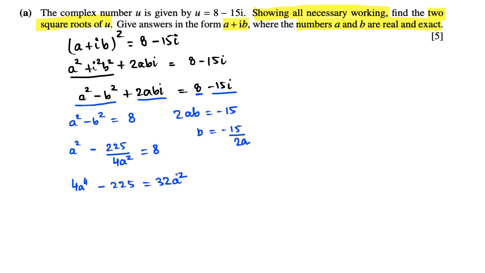Now taking all the values to one side, we can write this as 4a to the power 4 minus 32a square minus 225 equals 0. This seems to be a biquadratic equation, but if you observe it carefully, it's a quadratic equation in the term of a square.